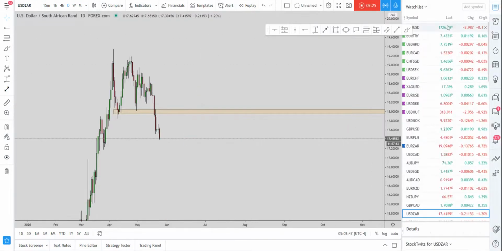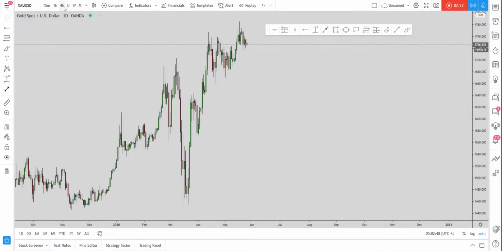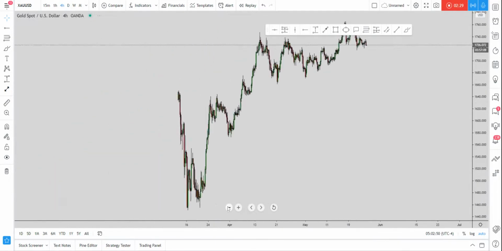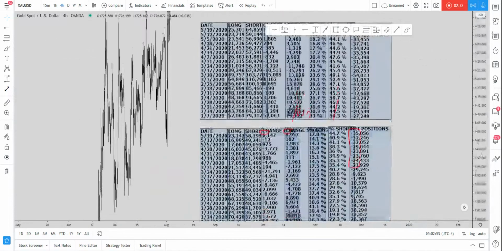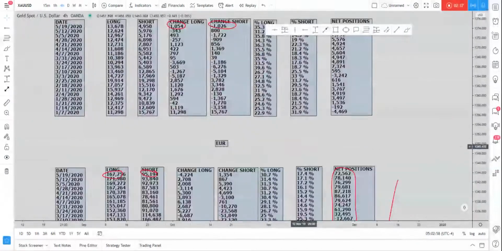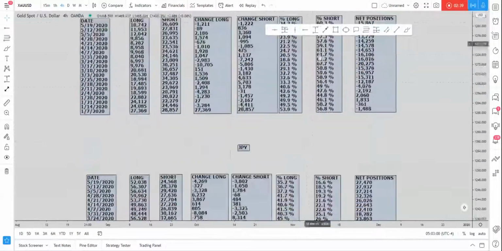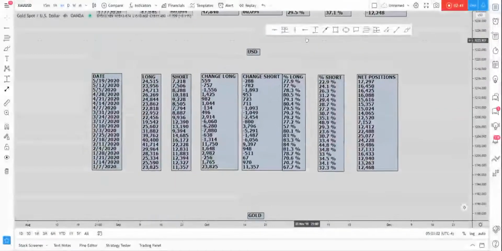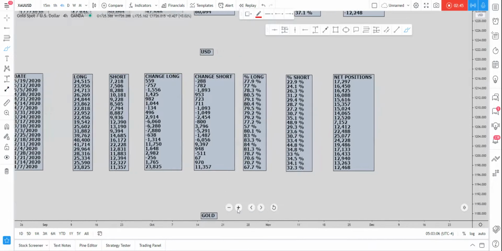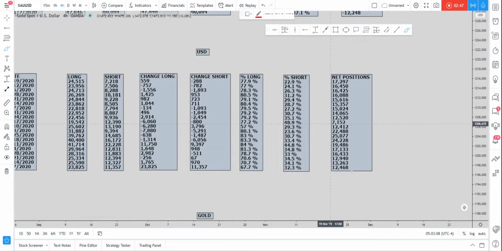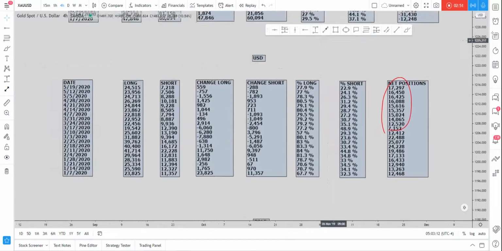Now let's go and see what the situation is from a COT perspective, so what hedge funds are doing at the moment on the USD. Let's go and get our chart, our order flow for the USD from a COT perspective, so commitment of traders. What we can see is that hedge funds at the moment have increased net positions on the USD from 7K to 17K, meaning that we now have a lot more longs than shorts.